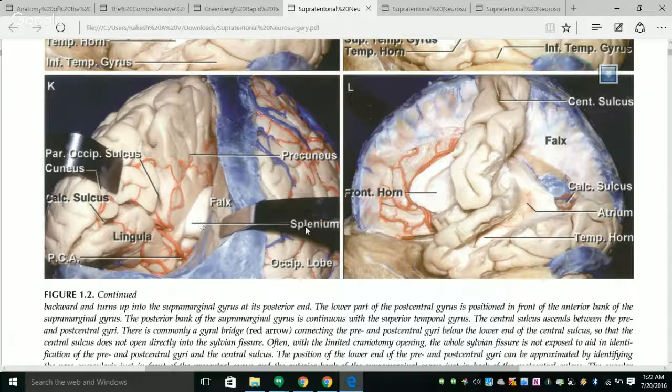The parieto-occipital and calcarine sulcus converge behind the splenium to give the medial surface a Y-shaped configuration. The parieto-occipital sulcus separates the precuneus and cuneus, and the calcarine sulcus separates the cuneus and lingula.